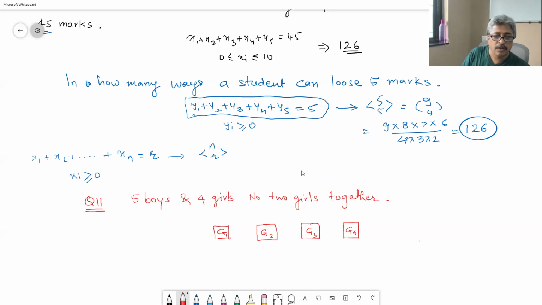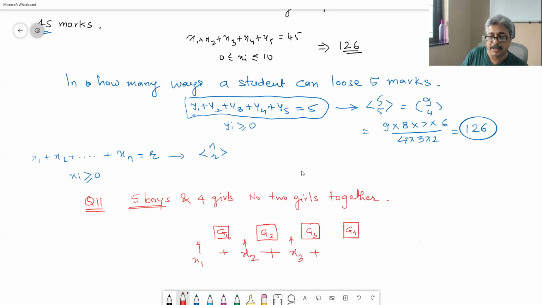And now you are going to insert 5 boys such that how many boys will sit here? X1 plus how many boys will sit here? X2 plus how many boys will sit here?